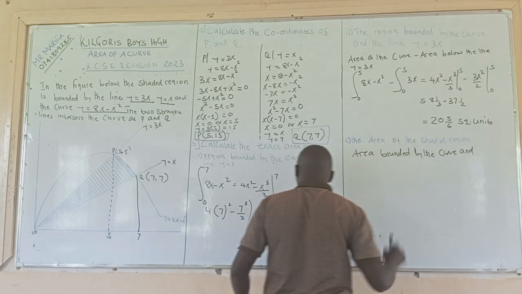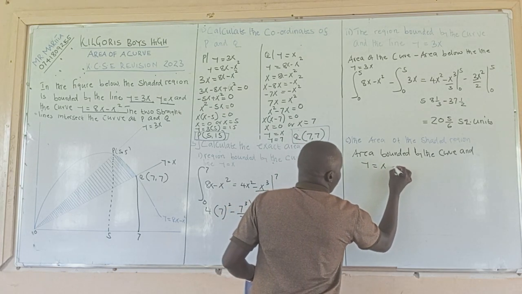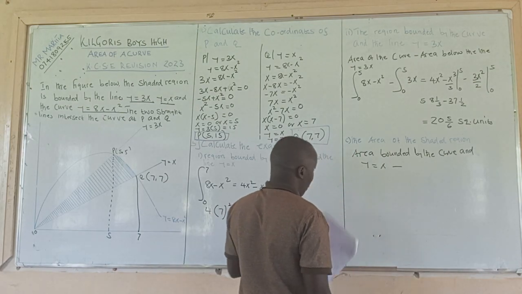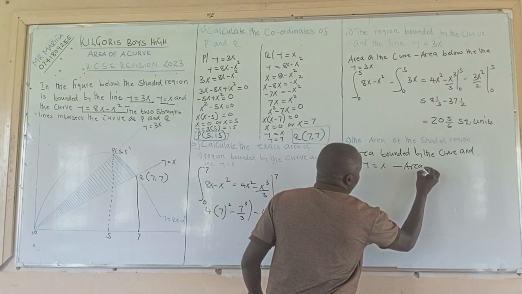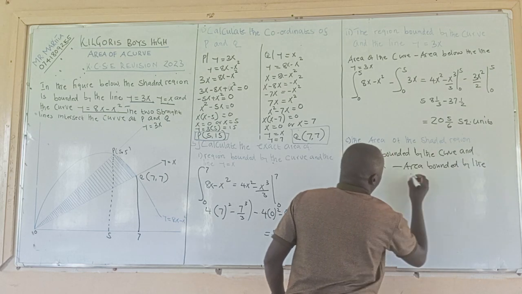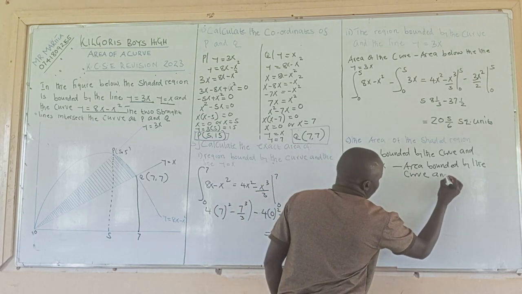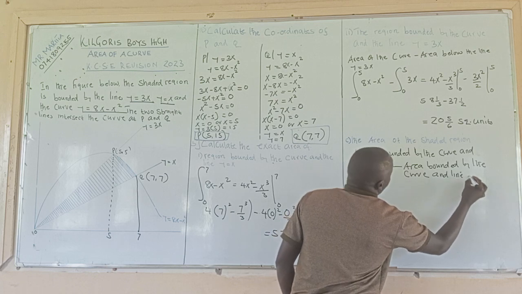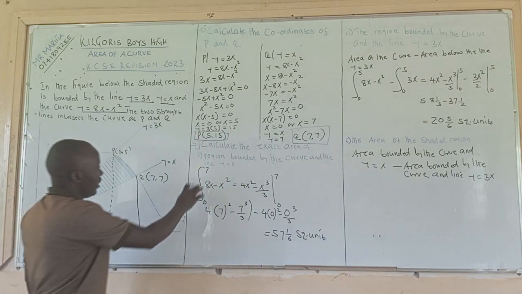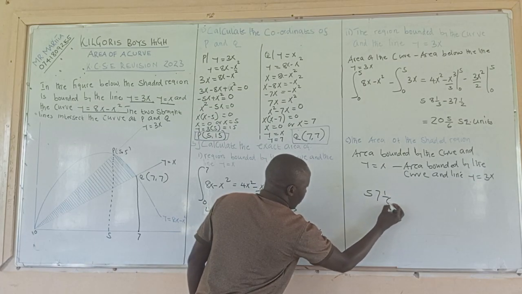So you subtract the area bounded by the curve and the line y is equal to 3x. The area bounded by the curve and the line y is equal to x we have as 57 and 1 over 6.